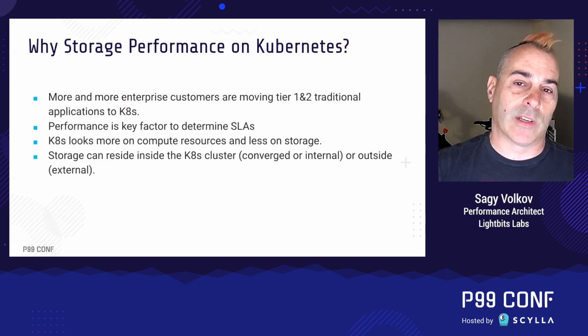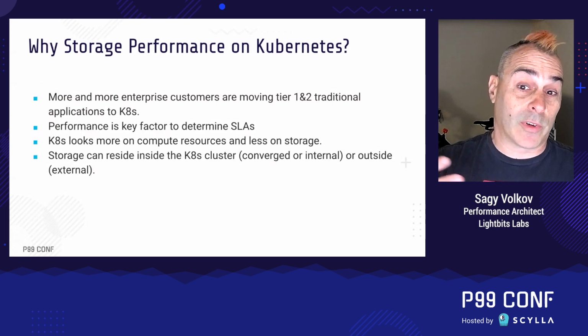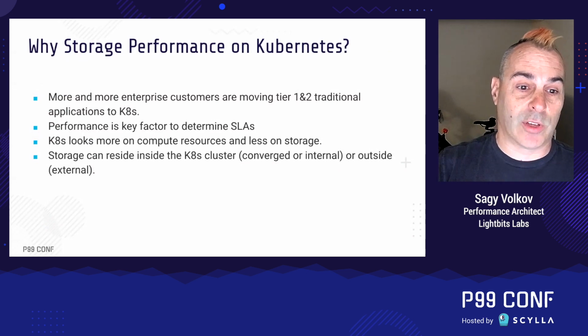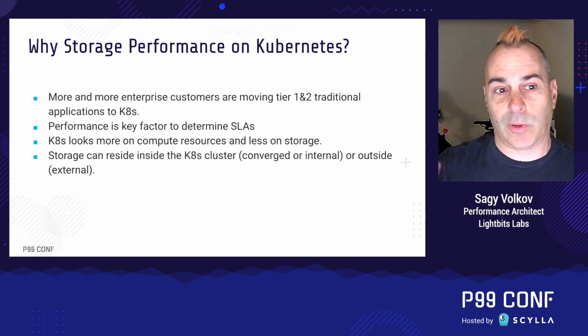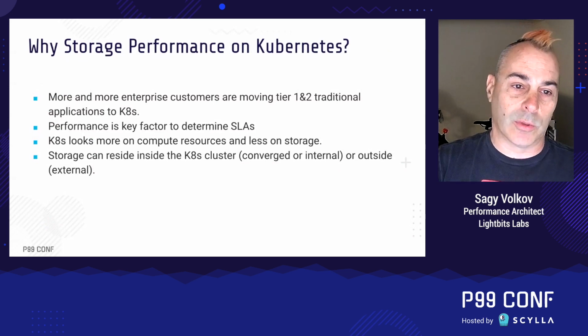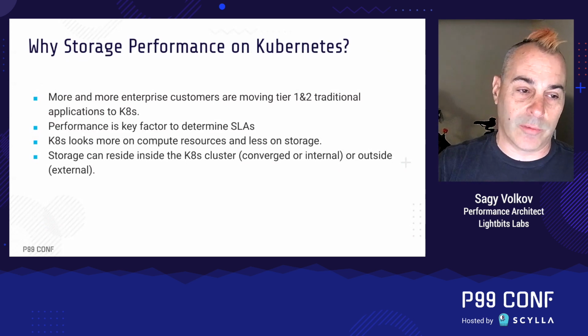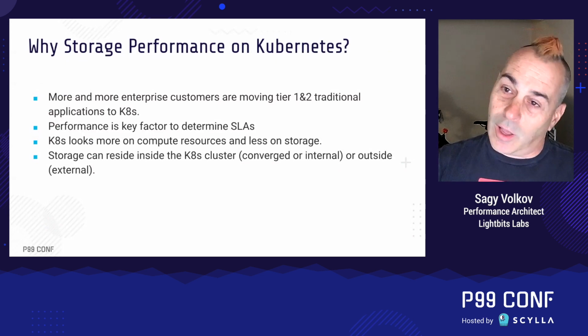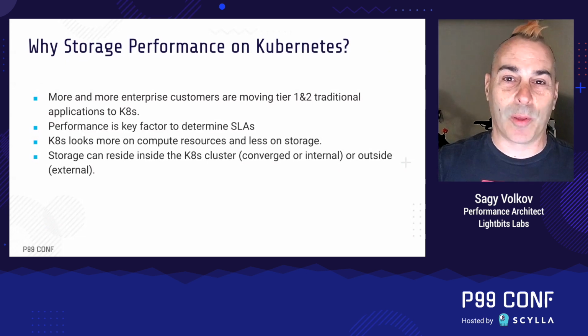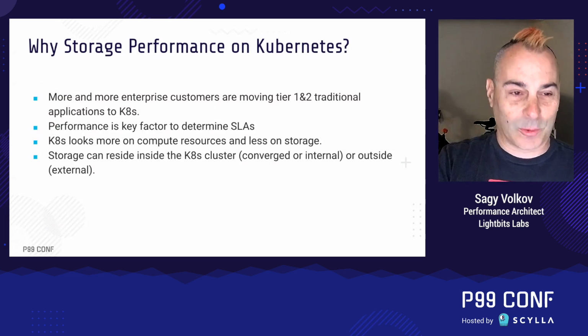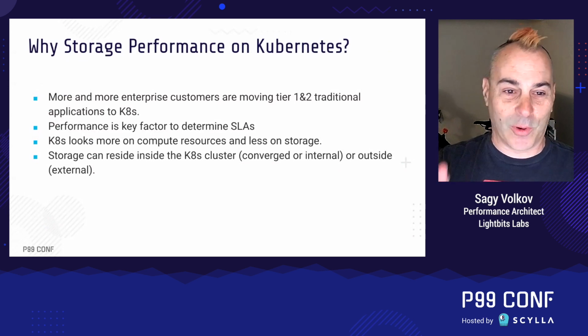More and more of these are now pushing applications and workloads they had previously outside of Kubernetes into Kubernetes, including tier 1 and tier 2 applications. These are the ones that have heavy SLAs. When you write something to the storage, that transaction needs to be there, and forever.